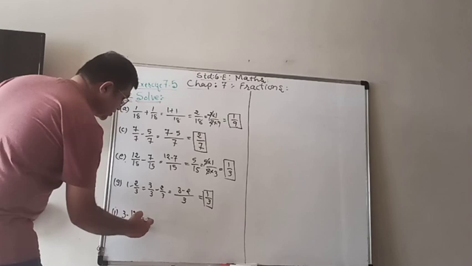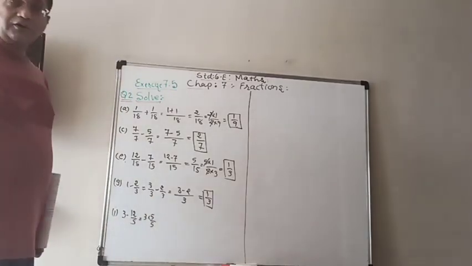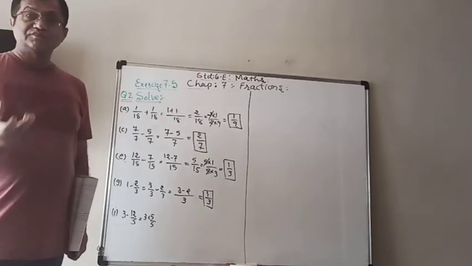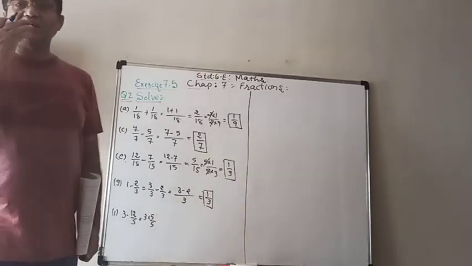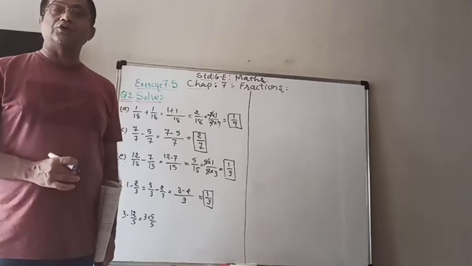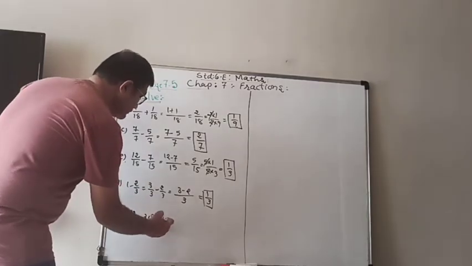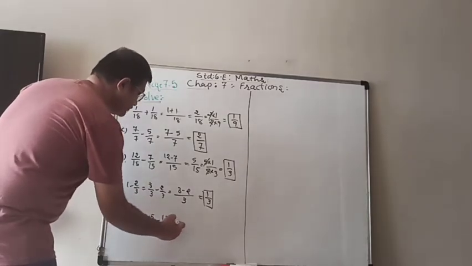So what we can do is 3 multiplied by 5 upon 5. We can multiply the fraction by the same number in the numerator and denominator so that we can get 5. Otherwise subtraction is not possible. Minus 12 upon 5.